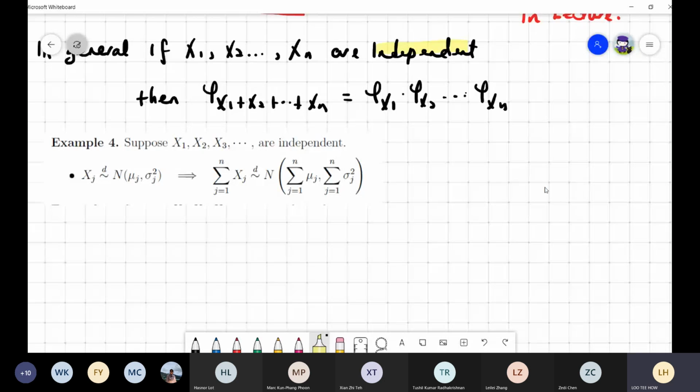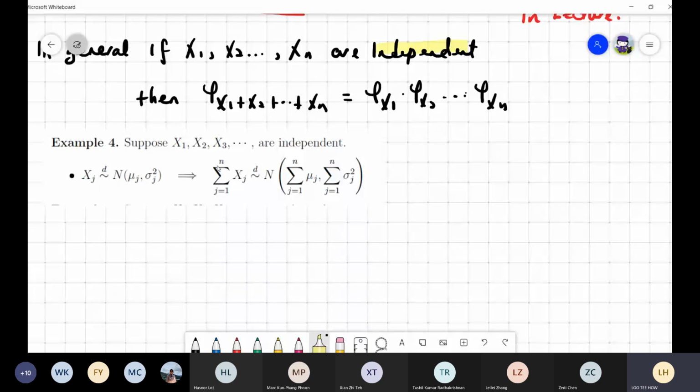Example 4. Suppose x1, x2, and so on up to xn are independent, and each xj has a normal distribution with mean mu j and variance sigma j square.